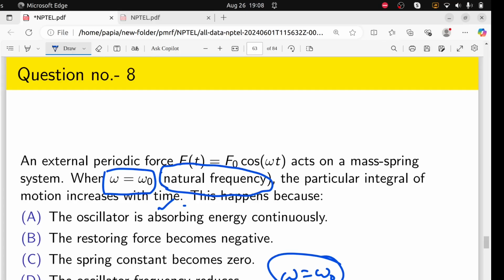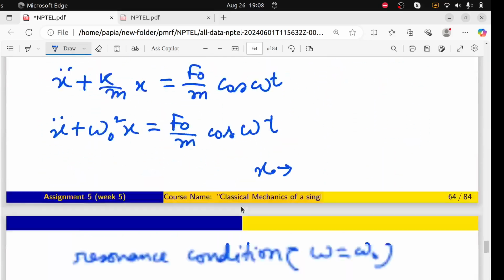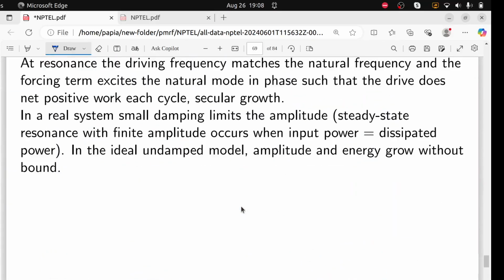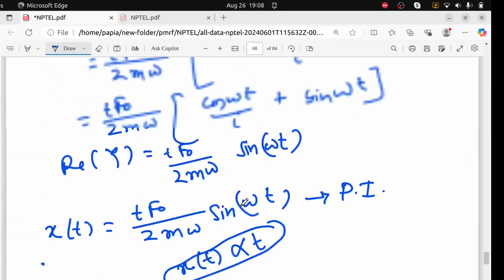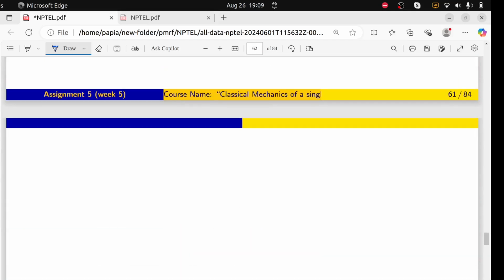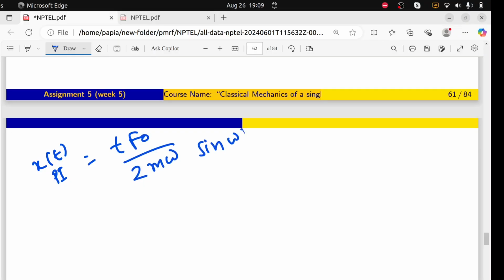Now up to this we already got the point that x_PI is proportional to t. Now we need to check why this is happening. So for this case, what I got is x_PI as t f0 by 2m omega sin omega t.